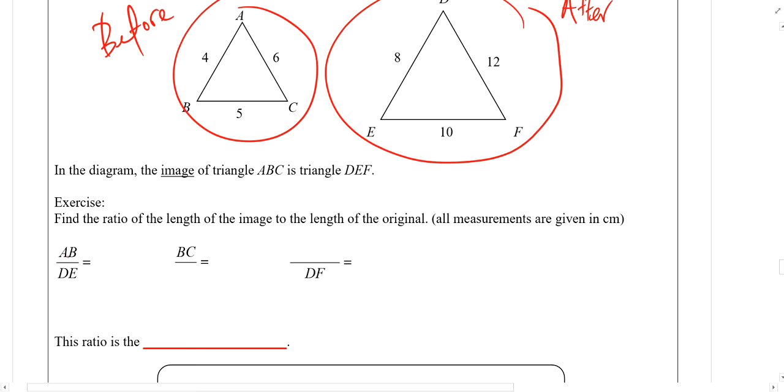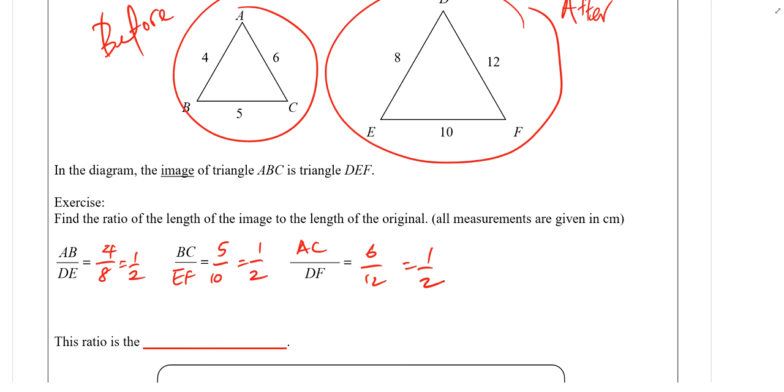AB over DE. That's 4 over 8, which is half. BC over EF. 5 over 10, which is still half. Something over DF must be AC. 6 over 12, which is still half. So the ratio is the same. So over here, in this particular question, it's half.